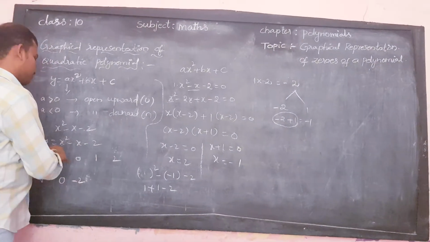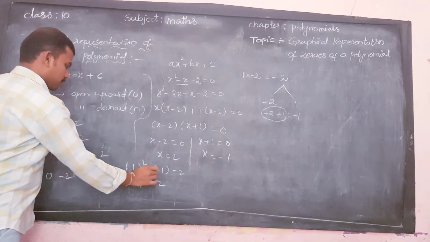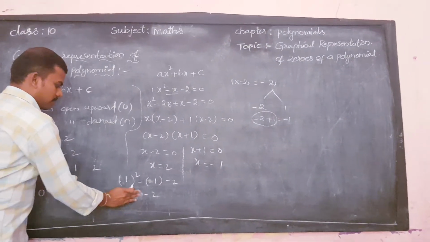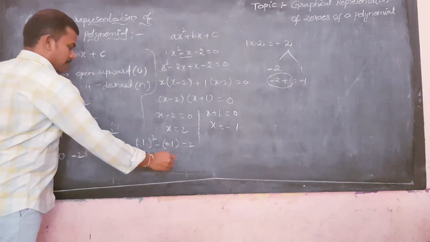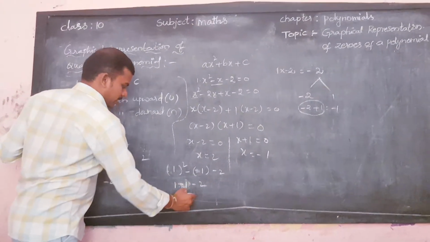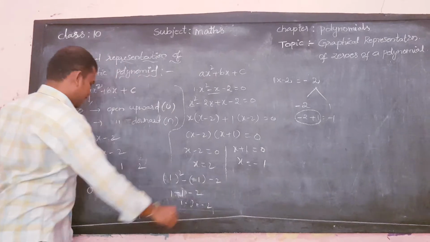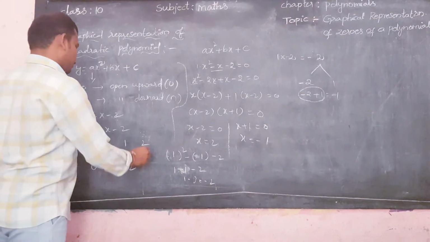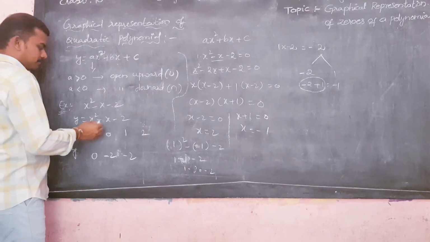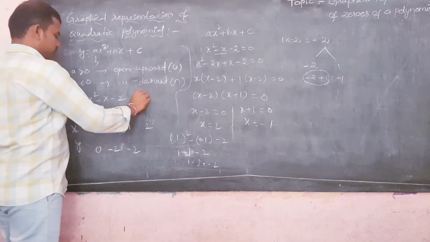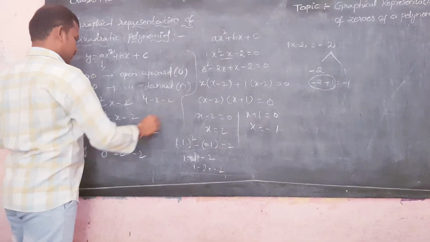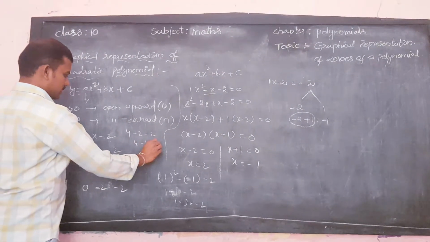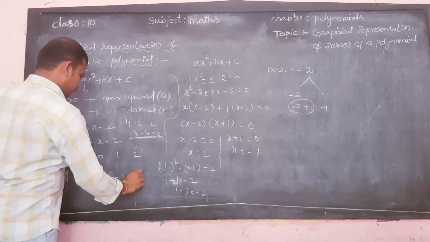Put x equals 1: 1 square is 1, minus 1, minus 2, 1 minus 3, that is equal to minus 2. Put x value 2: 2 square, 4 minus 2 minus 2, 4 minus 4, that is equal to 0.